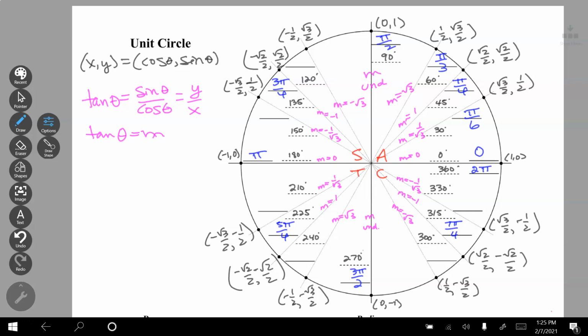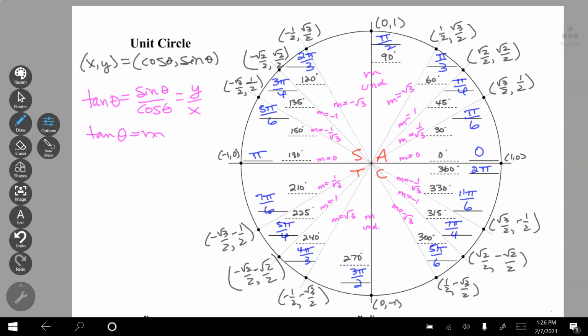Now I'm going to count in pi over 6s, which are not in the middle of each quadrant, but right before and right after. So 1 pi over 6, 2 pi over 6, 3 pi over 6, 4 pi over 6 reduced, 5 pi over 6, 6 pi over 6, 7 pi over 6, 8 pi over 6 reduced, 9 pi over 6, 10 pi over 6, and this last one is 11 pi over 6.